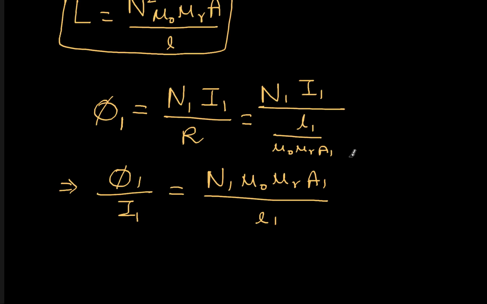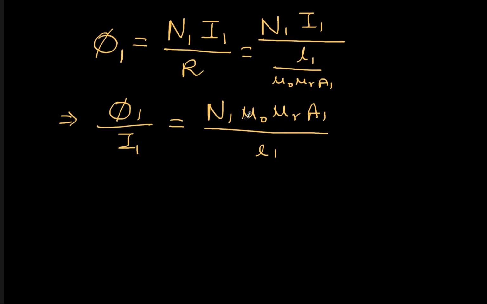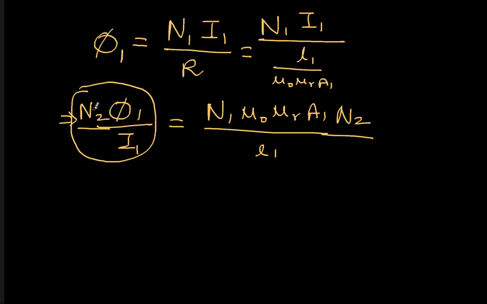Now what I want to do is on both sides I want to multiply with N2. So N2 I multiply here and N2 also I multiply here. Now look at this term. What is this? This is nothing but mutual inductance. The numerator is the flux linkages because of the flux in the first coil linking with the second coil, and I1 is the current in the first coil.